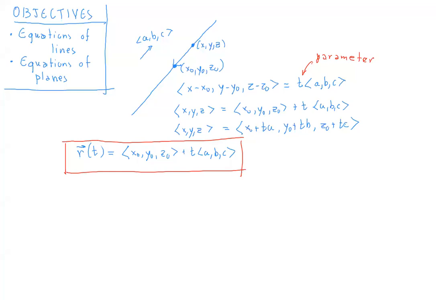Which means that in some sense, the idea here can be drawn as follows. So you have your coordinate system, and here you have the line. And pretty much what we have achieved by writing down this vector valued function is we find all these vectors.